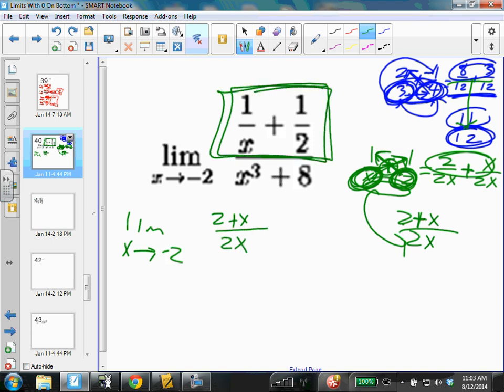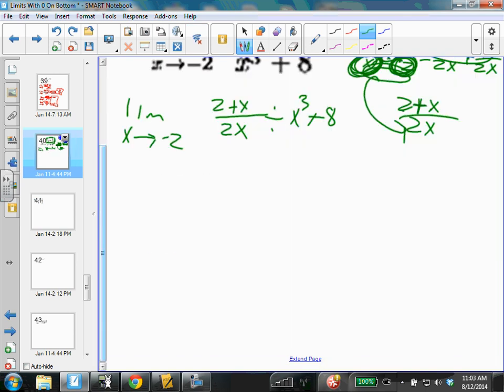And now I don't want a fraction within a fraction, right? So I'm going to write it horizontally. This stuff up here is being divided by x cubed plus 8. So this is the limit as x approaches negative 2.